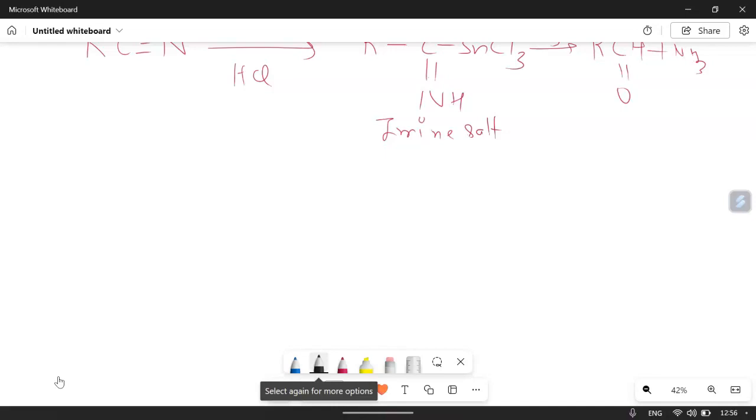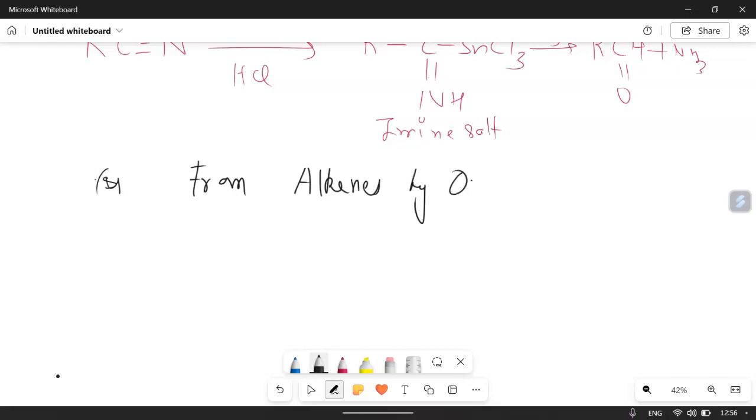The next reaction is reaction number 4, that is from alkenes by oxo method. Okay, how does this reaction look like.